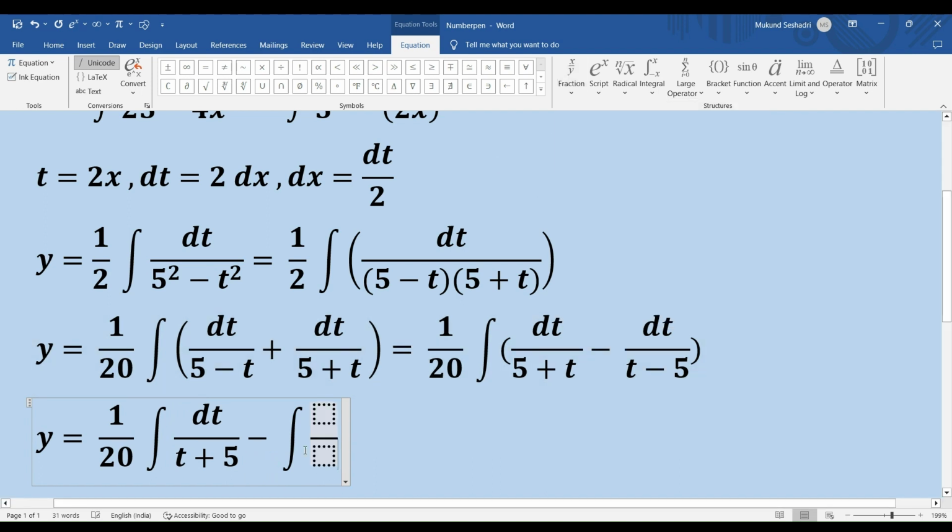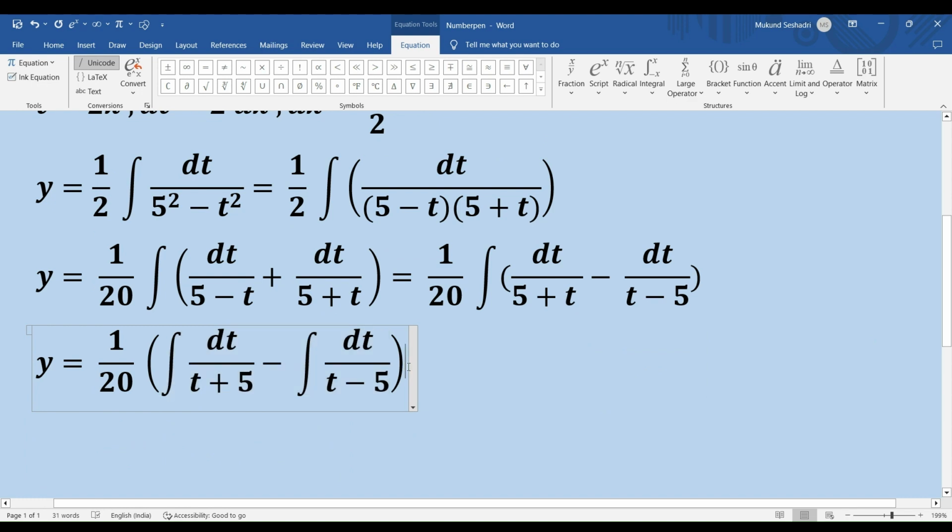Okay, so now this is of the form integral of dt by t, right? Both these expressions are of the form integral of dt by t. And I know that integral of dt by t is nothing but ln of mod t. And if I replace the t with t plus 5, the answer to that problem is ln of mod of t plus 5.